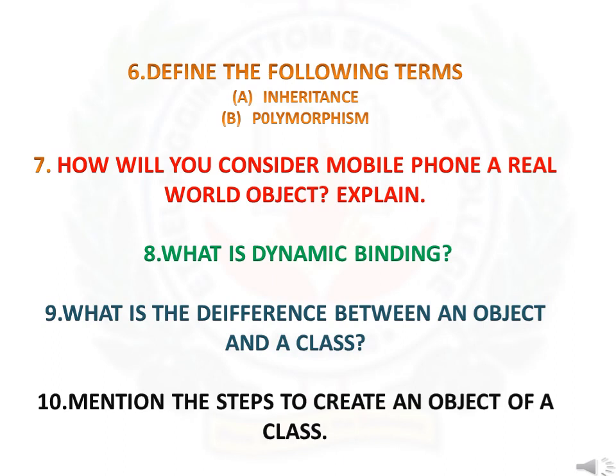You write the definition. Ninth, what is the difference between an object and a class? Already we discussed. Question number 10, mention the steps to create an object of a class. So all these questions are repeated board exam questions. Find out the answers and learn. The first chapter is completed.